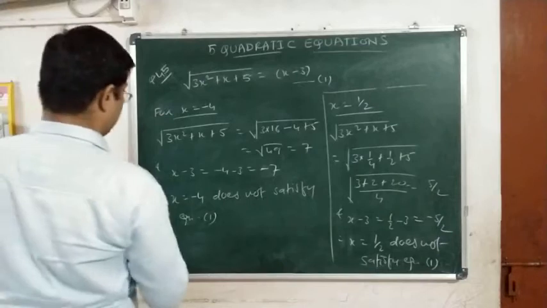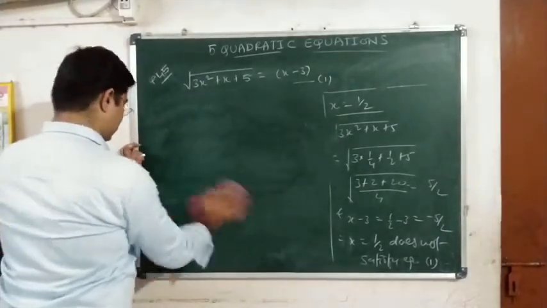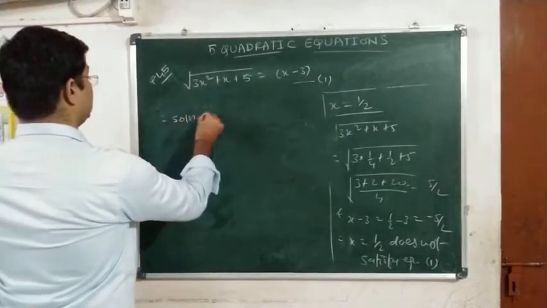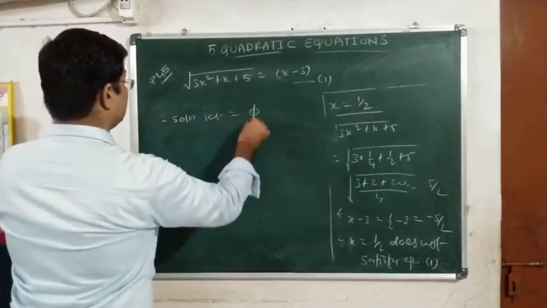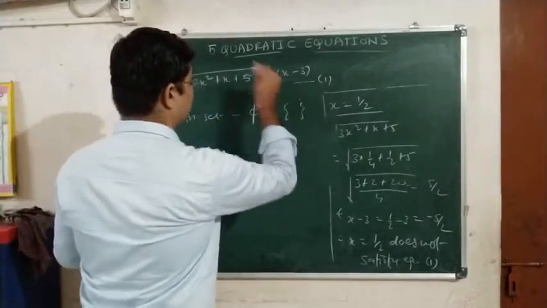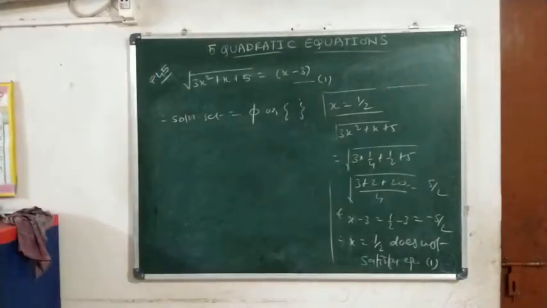So let us write down, therefore the solution set is an empty set, or you can write down any one of these two symbols. Don't put both the symbols, neither mix them. Any one symbol you can use to show that there is no solution. Clear?